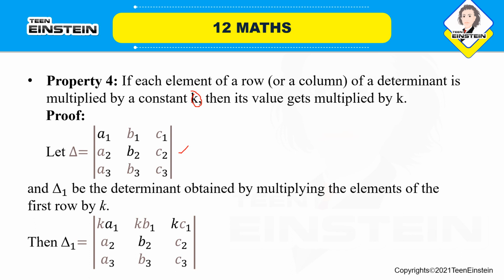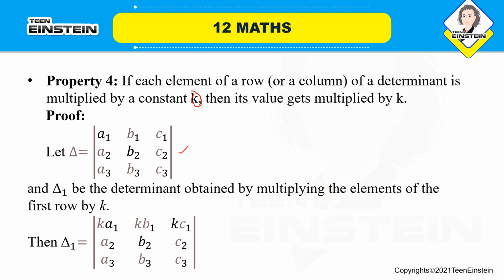Now to prove this result: what I am going to prove here is that if I multiply each element of any row or any column by a non-zero scalar k, then the value of the determinant will also be multiplied by the value k. That we are going to prove here.